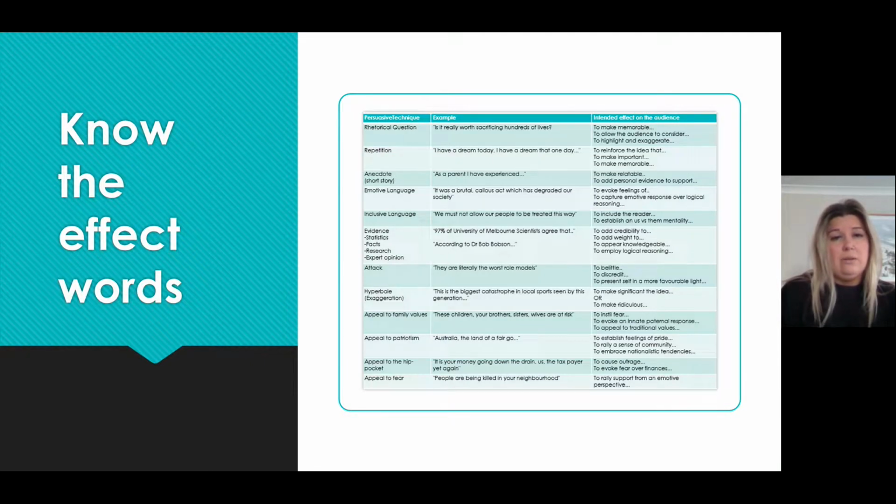So feel free to use this table, in particular, the far right column, where there are lots of effect words that match up with particular strategies. If you're using the wrong effect with the wrong strategy, you come off as not knowing the purpose and the impact of language. There's more of this in your textbook as well.